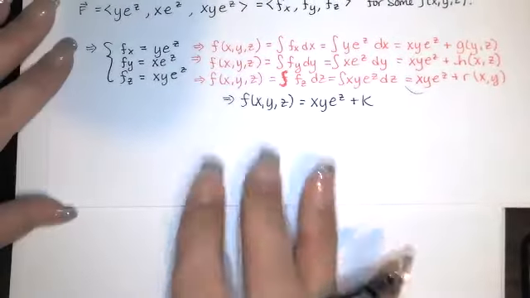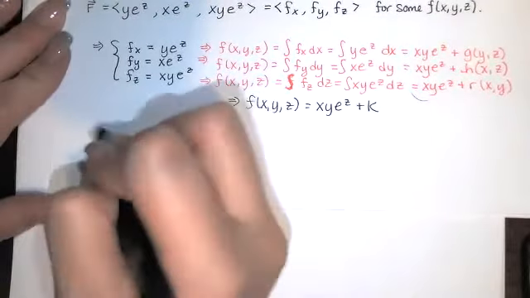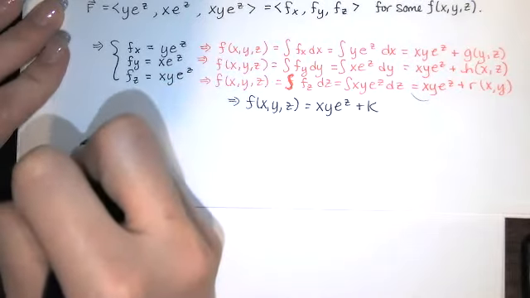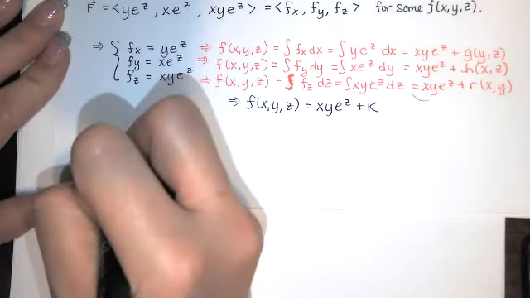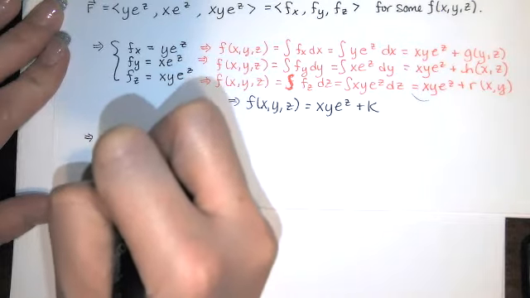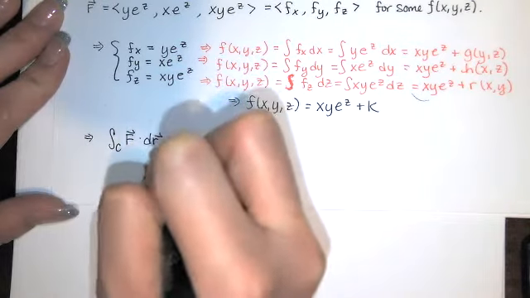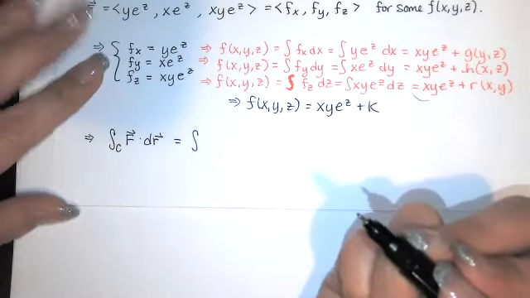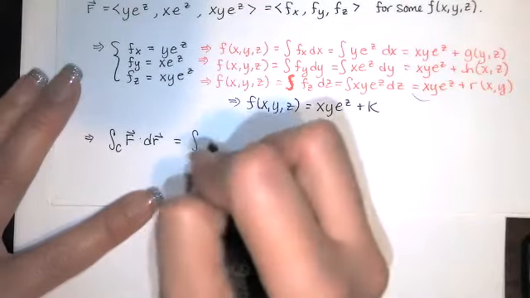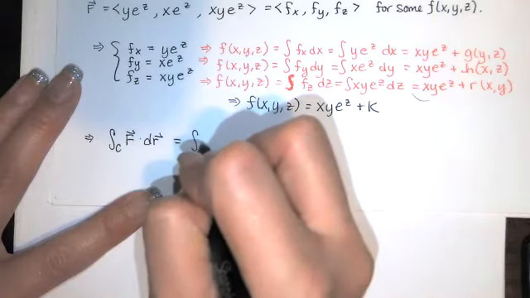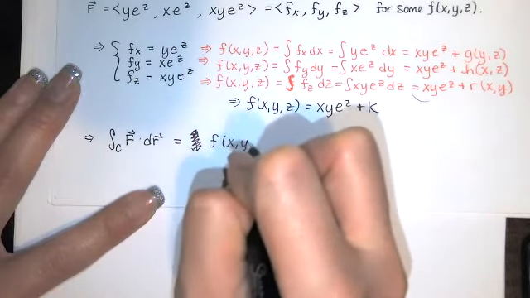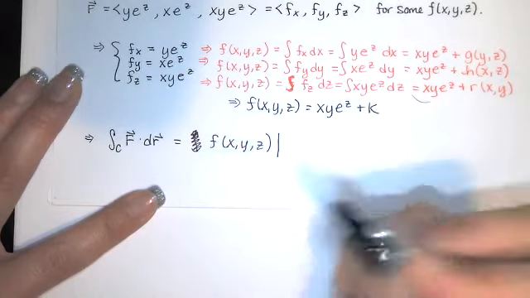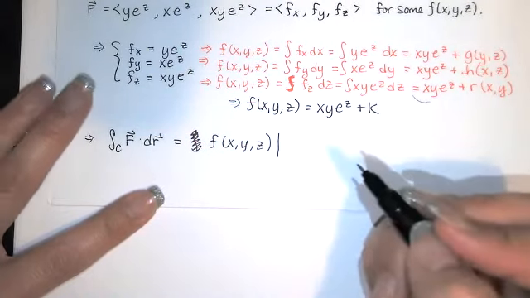So let's do this. Now that I've got my potential function, we can say the line integral over C of F dotted with dr is f of x, y, z evaluated at the initial point and the terminal point.